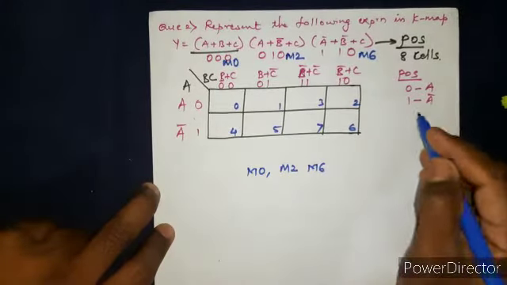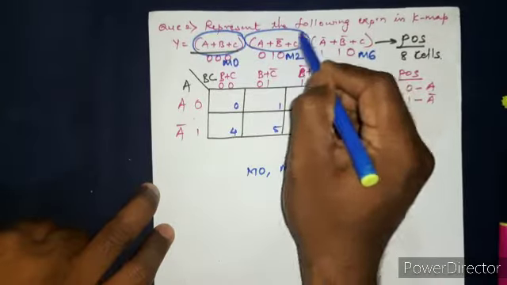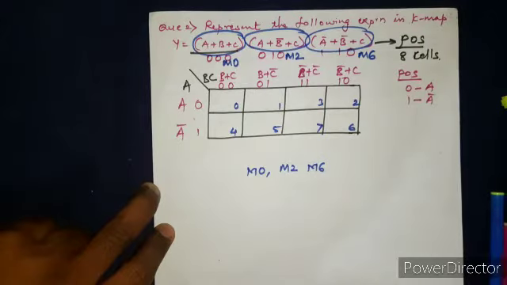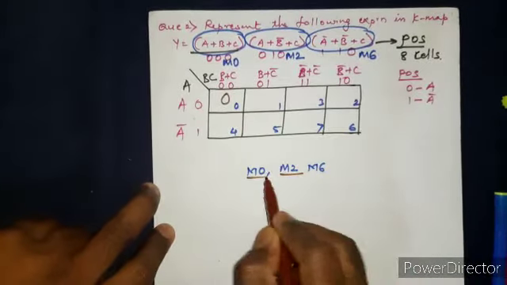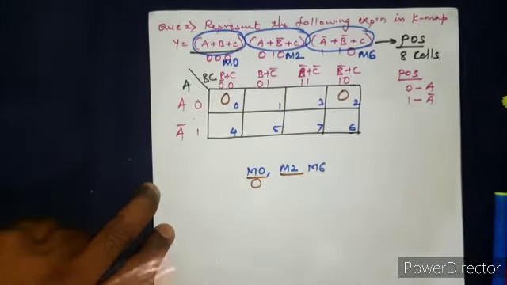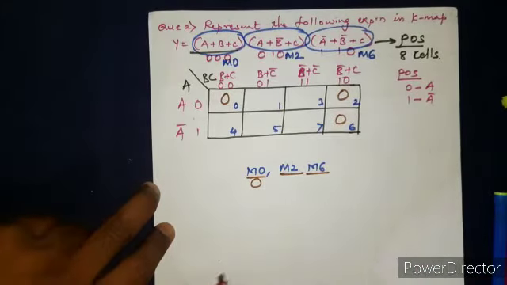Now since this is POS, we have to represent 0 for each maxterm. So here I will represent M0 with 0, then M2 with 0, then M6 with 0.